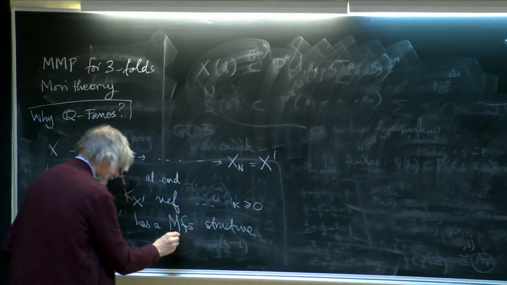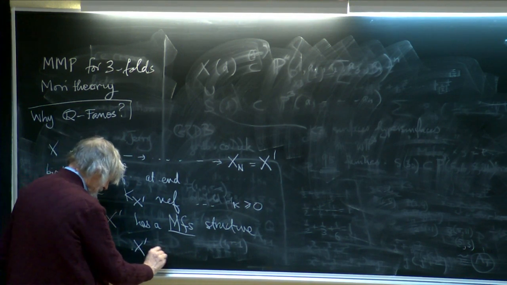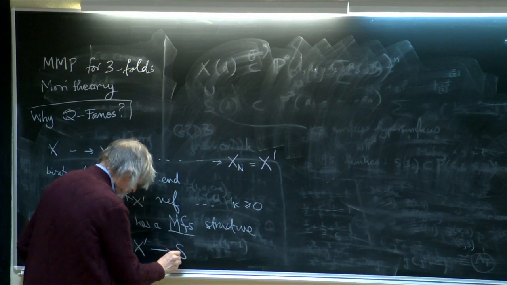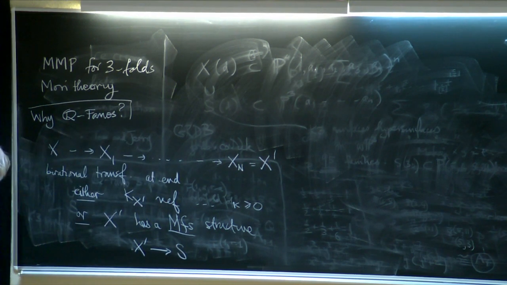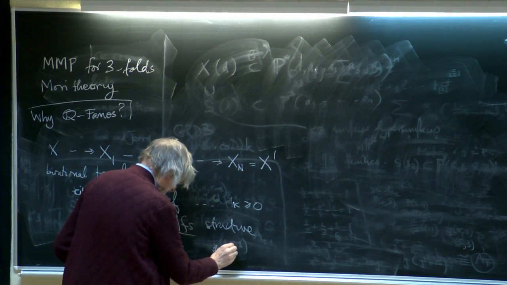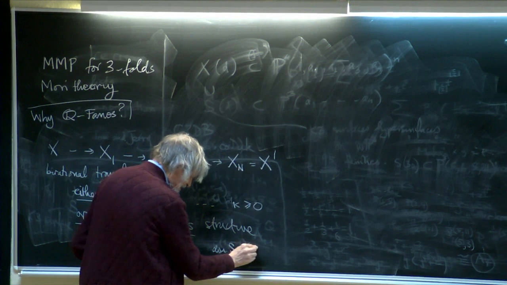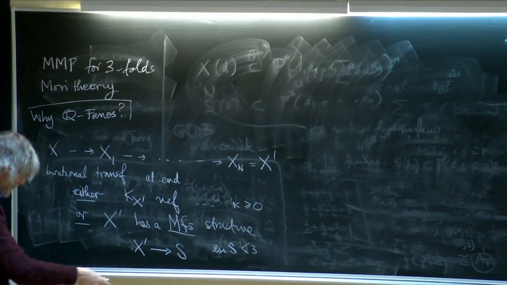Right, so Mori fiber space means X' maps to S with some properties. So the dimension of S is strictly less than 3. So it could be 0 or 1 or 2.